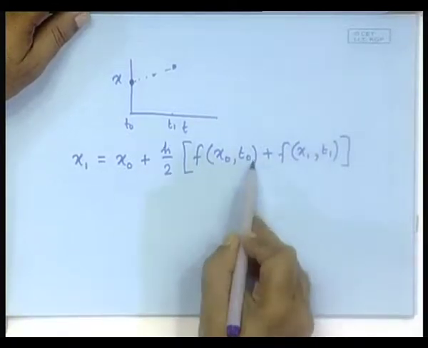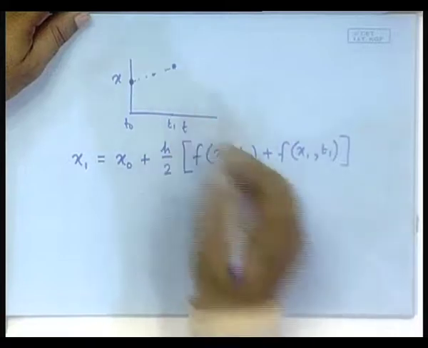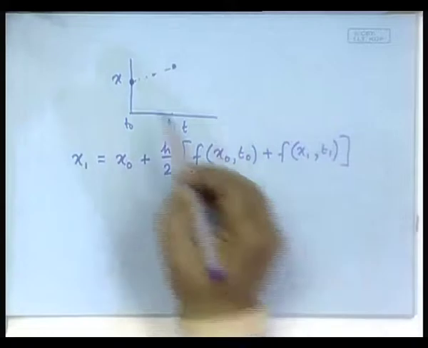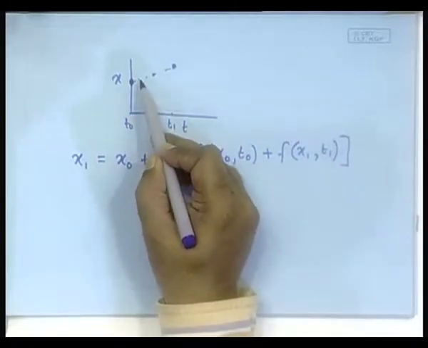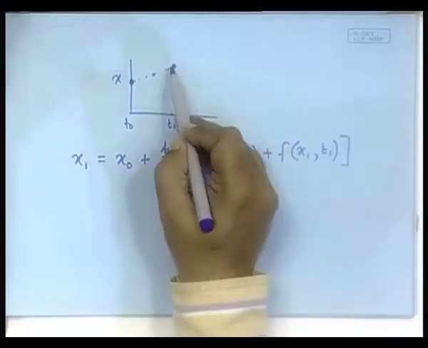So, what have we taken? The slope at this point and the slope at this point, we have taken divided by 2. So, it is an average of the two. So, we have taken the average slope, but still the question remains, how do you know this? Because you have not yet reached here. So, you do not know this.